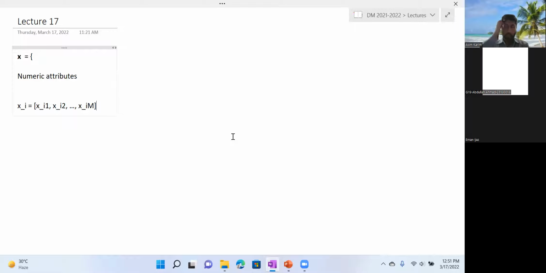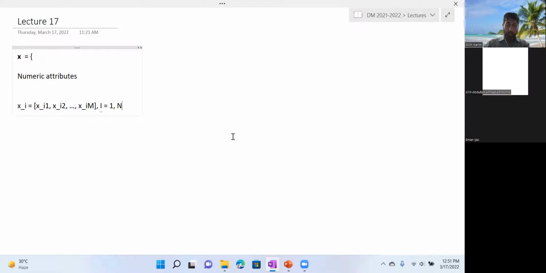So m is the total number of features representing the ith object, and of course all objects. So in our data set, we will have i equal to 1 to n. So there will be n data objects, and each object is described by m features. This is a common way of representing objects as vectors of fixed length m.